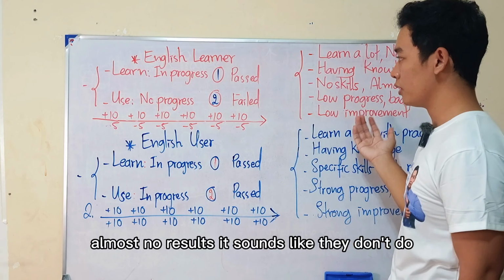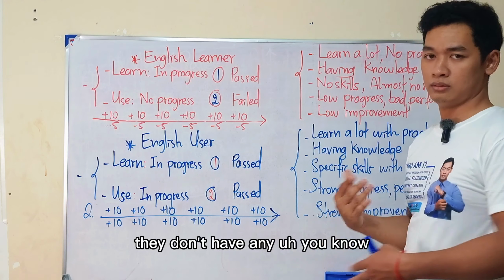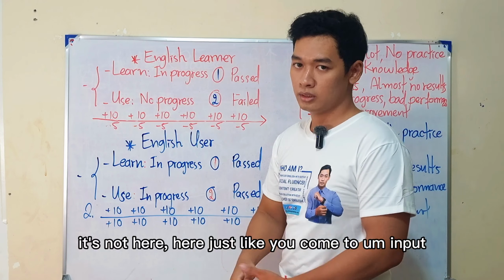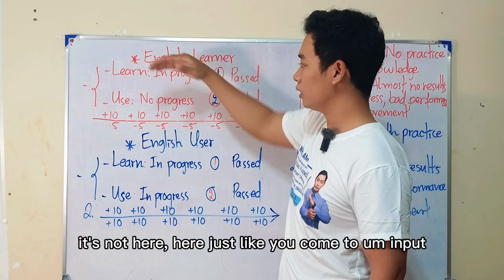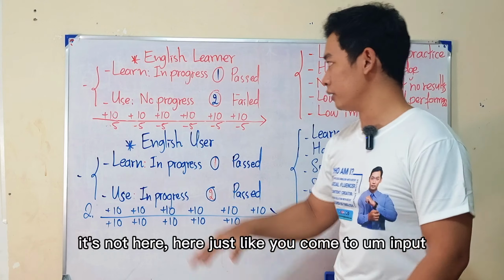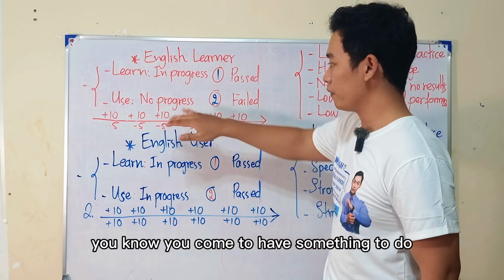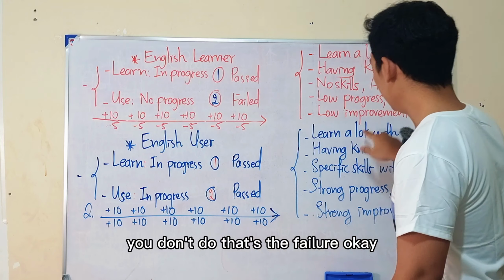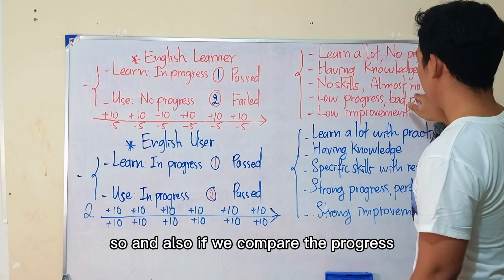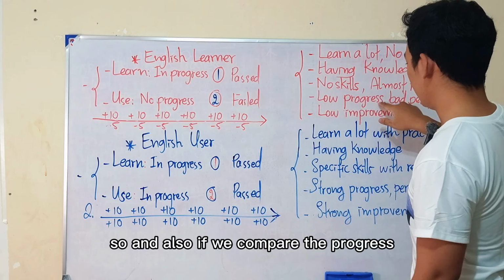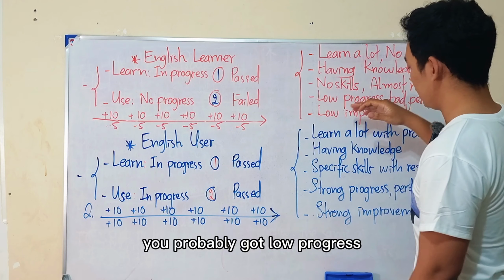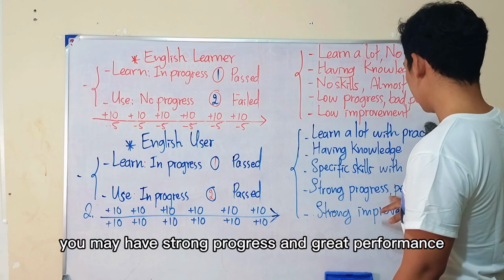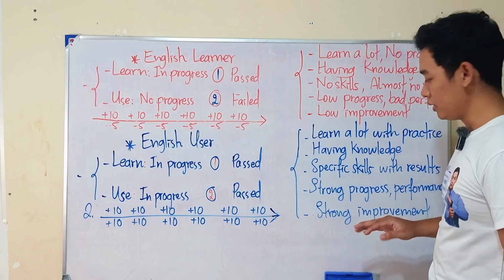It sounds like they don't have any results at all, because the result would be right here, not here. Here you come to input, you come to have something to do, but when we consider what you do, you don't do. That's the failure, okay? Also if we compare the progress, you probably get low progress. If we compare to the English user, they may have strong progress and great performance, right?